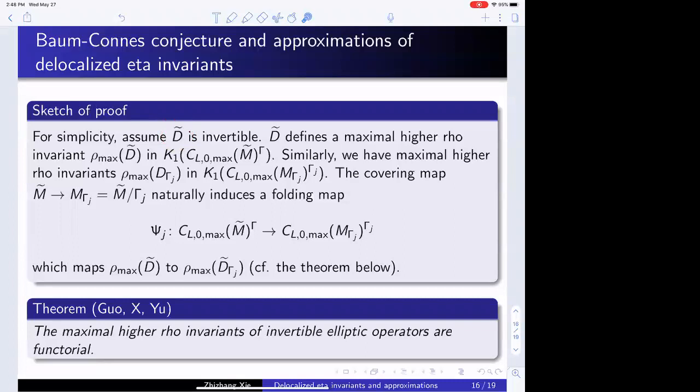Now, in this case, if d tilde is invertible, then you can use invertibility to define a maximal higher rho invariant in the K-theory of some sister algebra. For people who are familiar with this, I apologize, I probably don't have time to explain what this algebra is. This is where the K-theory of this algebra is where these secondary invariants live.